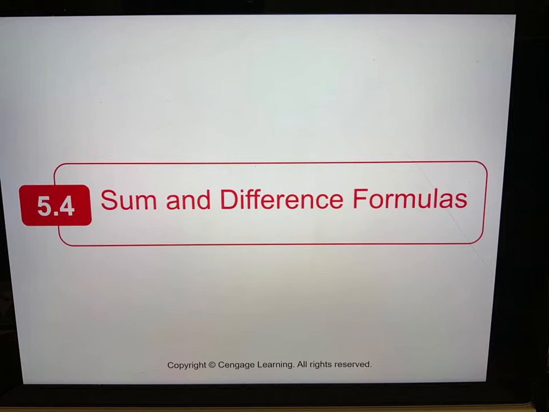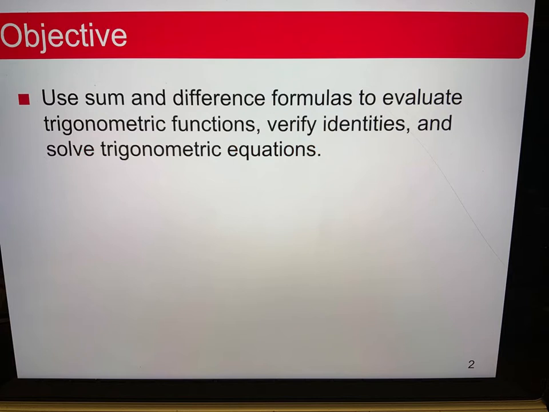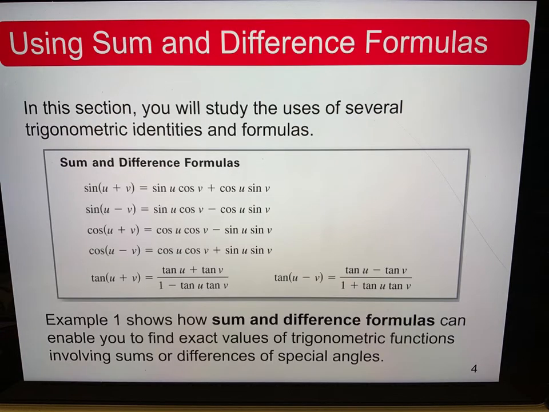So we use the common angles and put it either as a sum or a difference. For example, 75 could be rewritten as 30 plus 45. And 30 and 45 are what we know, so we use the sum formula for the sine of 45 plus 30 and figure out that way what the value is.